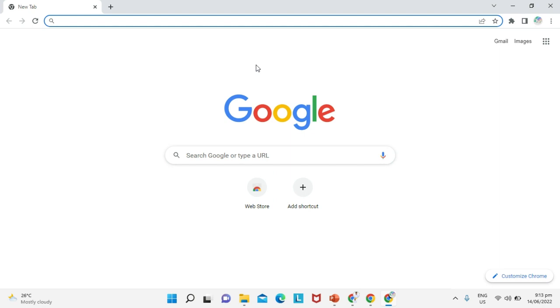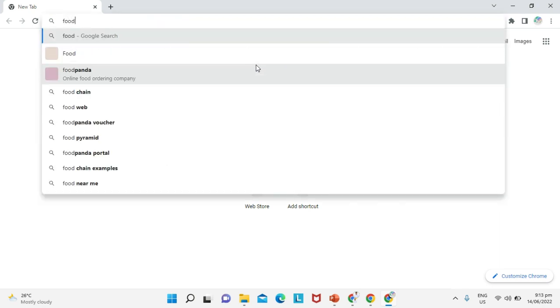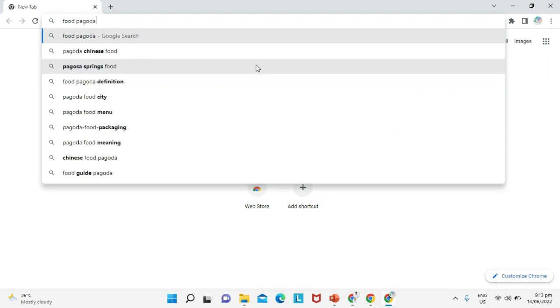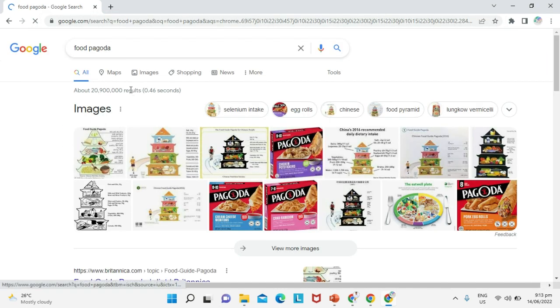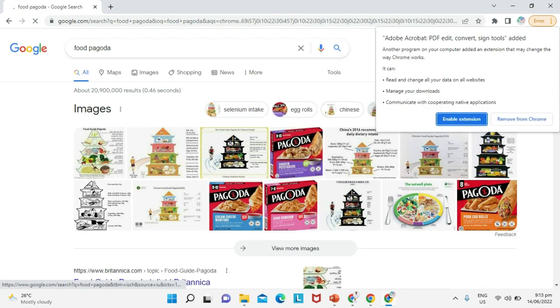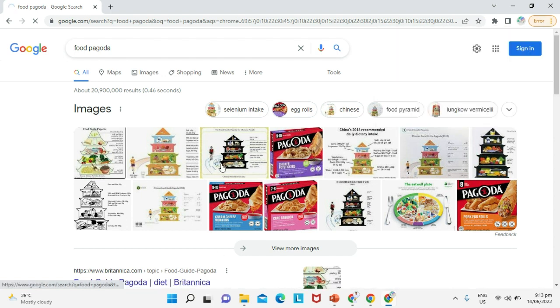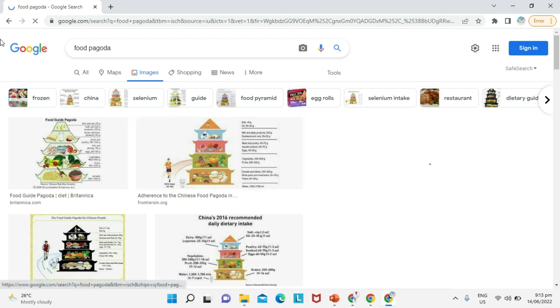So let's try to search first for the food pagoda. Food pagoda. Okay.